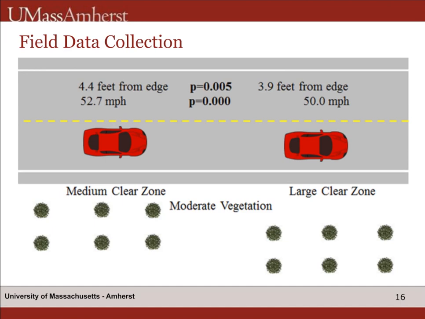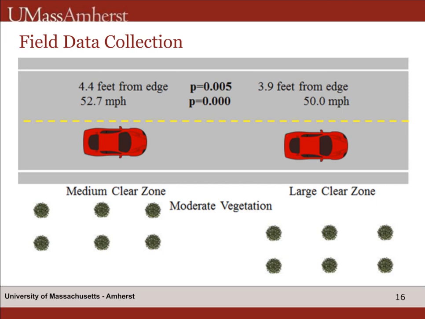At a second location, the density of the vegetation stayed constant, but the size of the clear zone increased. Here, when the clear zone increased, drivers moved closer to the edge of the road because they're seemingly more comfortable.